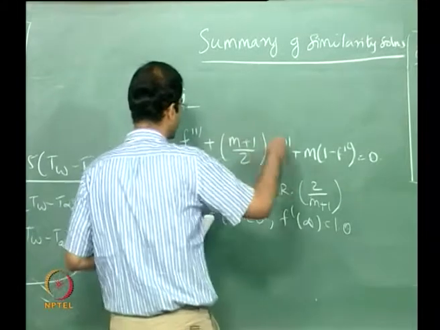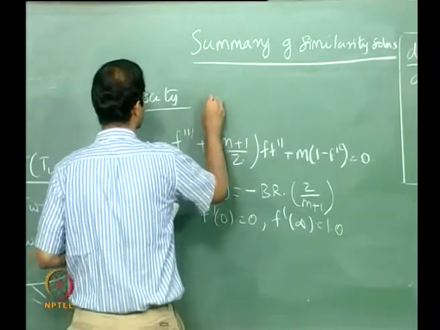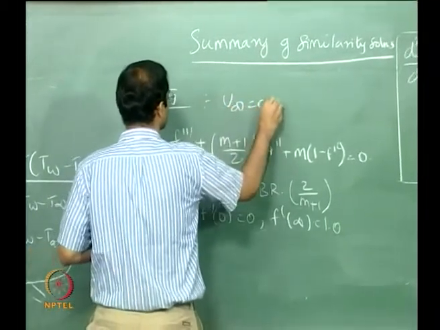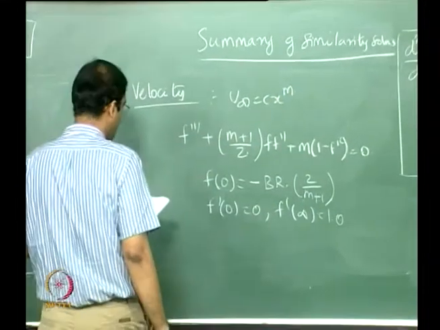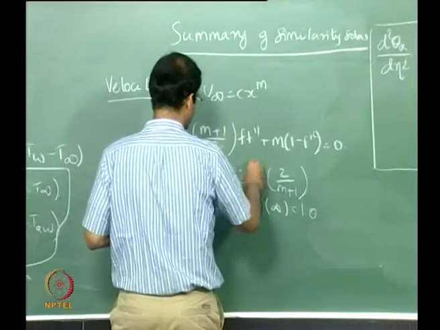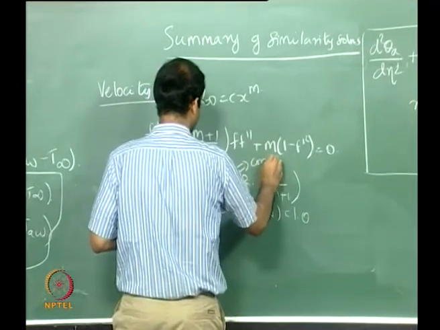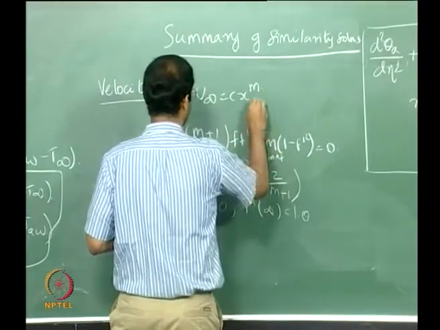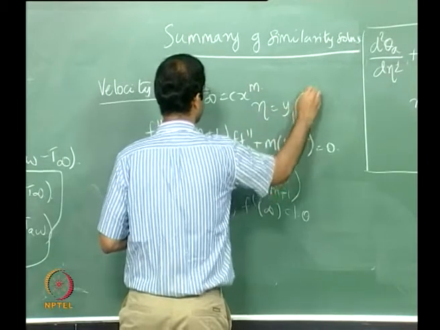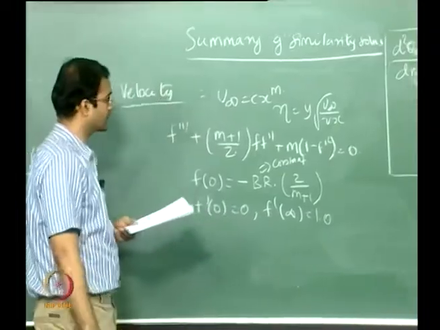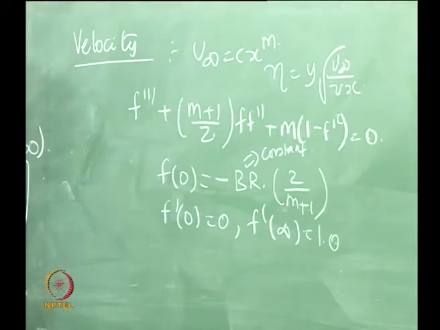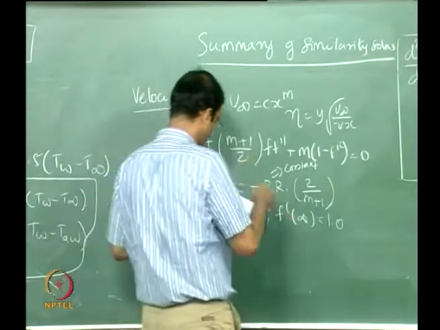In all these cases we have made the assumption that u infinity is of the form C x power m, the blowing ratio is essentially a constant, and there is the similarity variable. These are some of the assumptions under which you get a similarity solution.